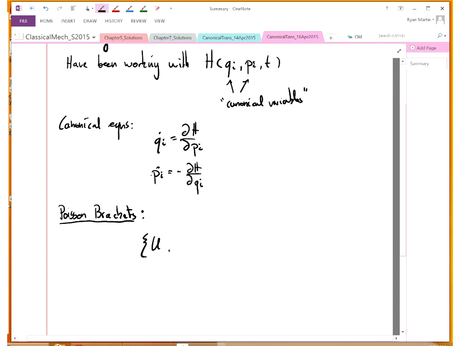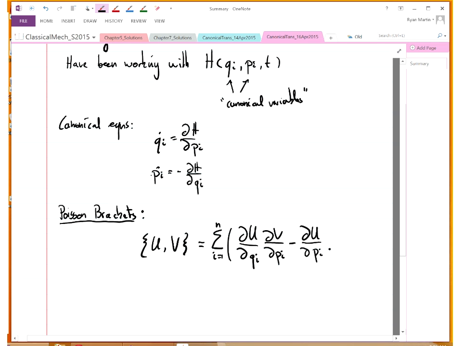The definition of the Poisson bracket of two functions u and v, where u and v are functions of q and p, is a sum over the degrees of freedom of ∂u/∂q_i times ∂v/∂p_i minus, the other way around, ∂u/∂p_i times ∂v/∂q_i.